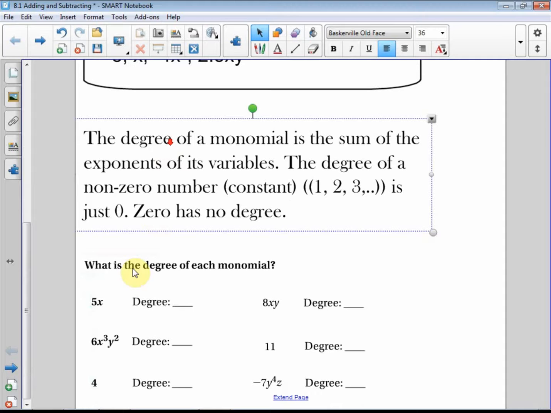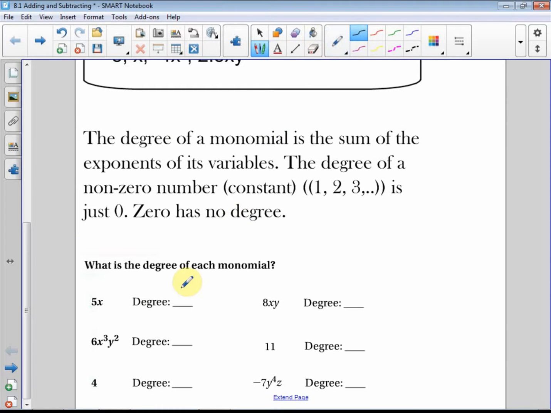So let's practice. We have 5x. That degree will be 1. 6x cubed y squared. That degree will be 5. We're taking the sum of the exponent values. And the degree of 4, well, we talked about the degree of a non-zero number or a constant is just 0.